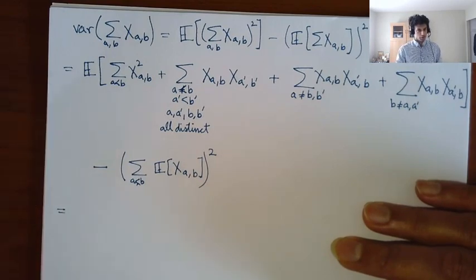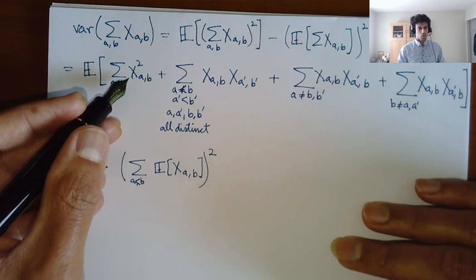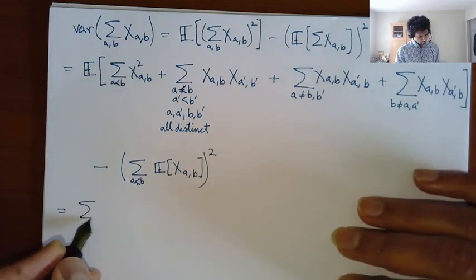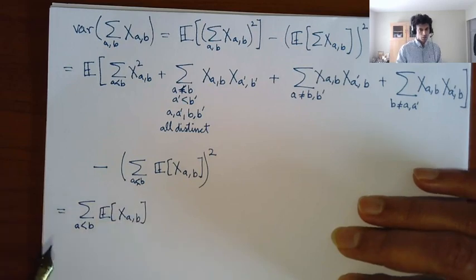Let's look at the first expression here. xab is an indicator, so xab squared is equal to xab. So what I get over here is just the summation over a less than b of the expectation of xab.